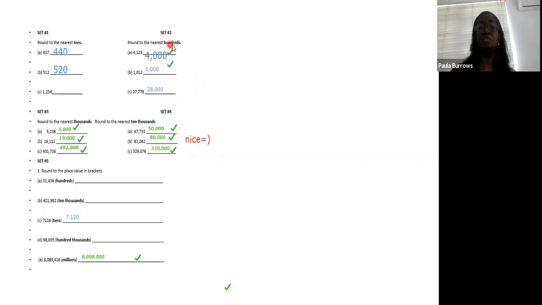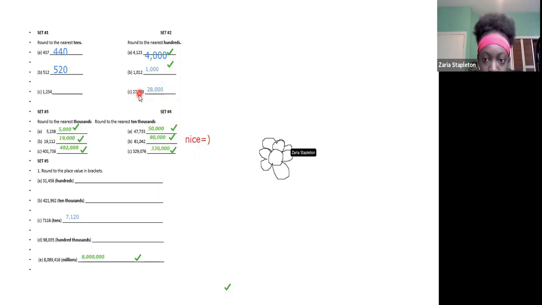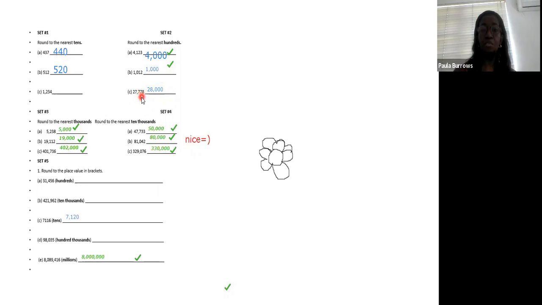Hundreds. Here's my number. What digit is in the hundreds position? Anyone? 7. Rules of rounding. Look behind the 7. I see another 7, which tells me to add 1. Okay, this remains the same.